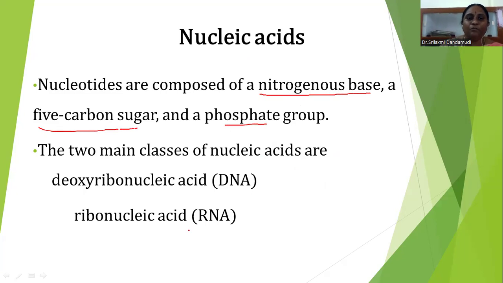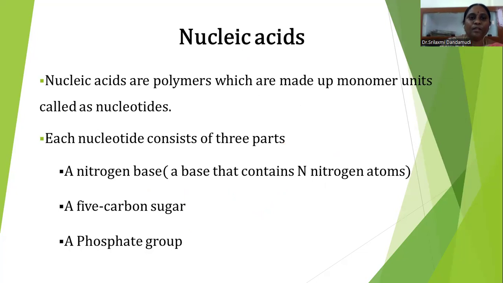The main two classes of nucleic acids are DNA and RNA. DNA stands for deoxyribonucleic acid and RNA stands for ribonucleic acid. Nucleic acids are polymers made up of monomeric units called nucleotides. This nucleotide contains three parts, as we just discussed: a nitrogen base, a 5-membered sugar, and a phosphate group.